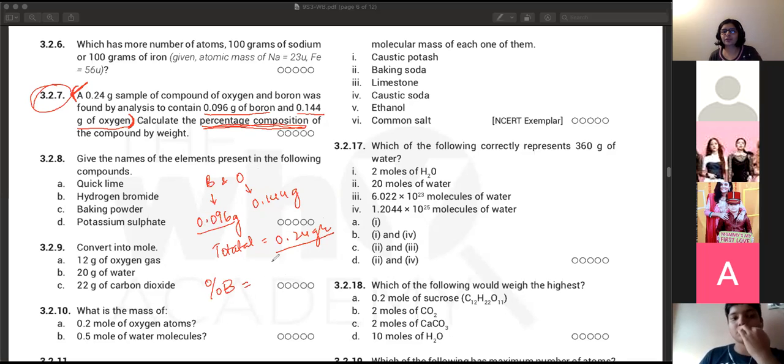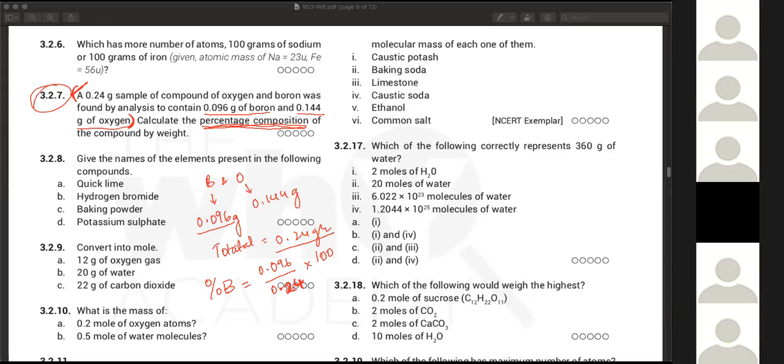So to find the percentage of boron, what number should I put here? 0.096 upon 0.24 gram. Will this give you percentage? No, ma'am, we have to multiply it by 100 further. Yes. Finish it for boron and oxygen. The rest of you also send it on chat.